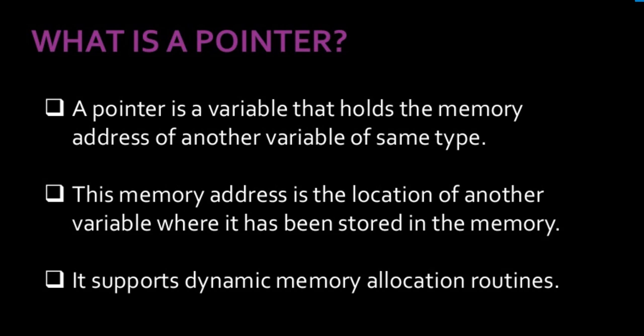It doesn't hold any data of the data type. यानी integer एक data type है, उसका data क्या होगा of that data type, 34. तो जो pointer variable है, it's not holding any data or variable. What it's going to hold is the memory address of another variable of same data type.